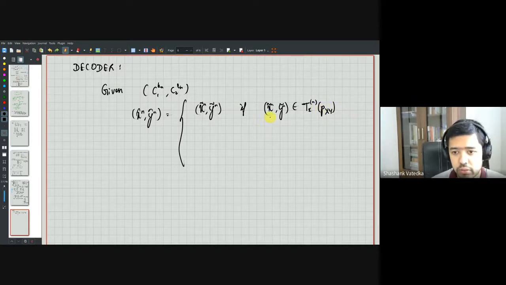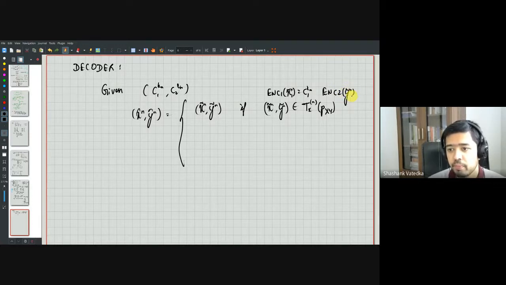and so of course the encoding of xn tilde should be equal to C1(Kn). So xn tilde has to be encoded to C1(Kn), and yn tilde should be encoded to C2(Ln).